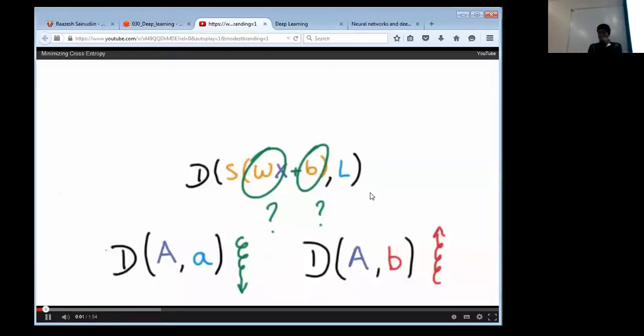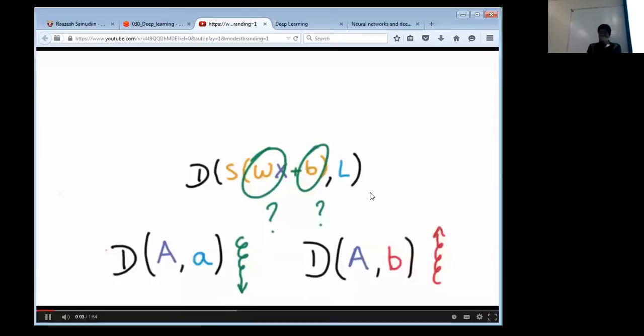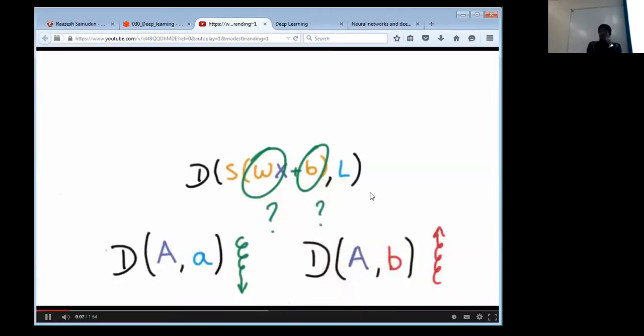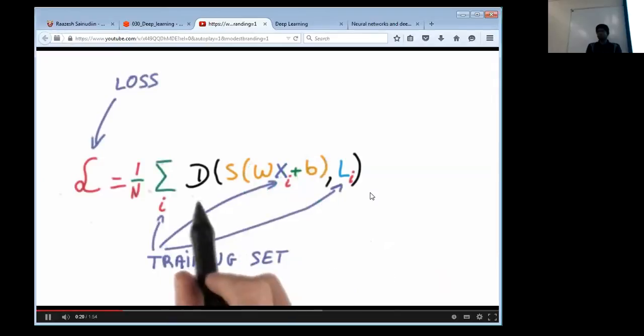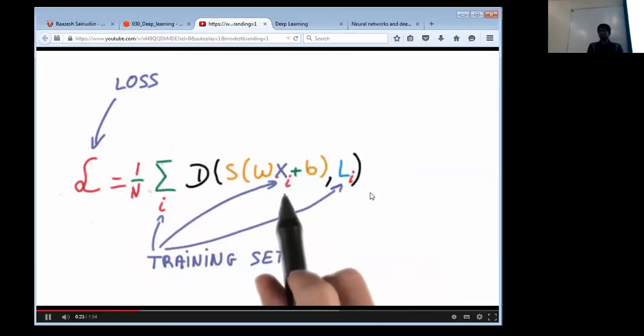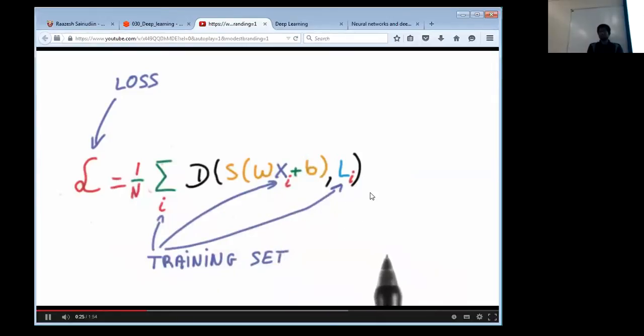Okay, so now we have all the pieces of our puzzle. The question, of course, is how are we going to find those weights W and those biases B that will get our classifier to do what we want it to do? That is, have a low distance for the correct class, but have a high distance for the incorrect class. One thing you can do is measure that distance averaged over the entire training set for all the inputs and all the labels that you have available. That's called the training loss.